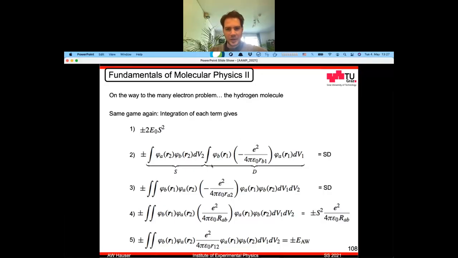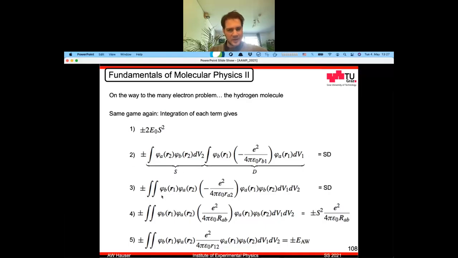Therefore, the integration over the first electron coordinate has to be done and leaves us with some numerical value, which we denote as D. And the operator is not a function of the second electron. So the wave functions with respect to the second electron are meeting each other directly and give again rise to an overlap contribution S. So this gives us SD.